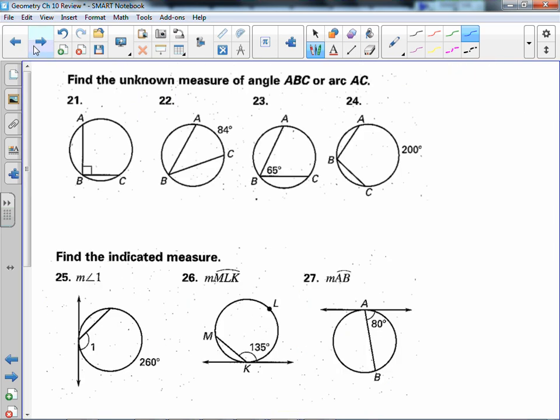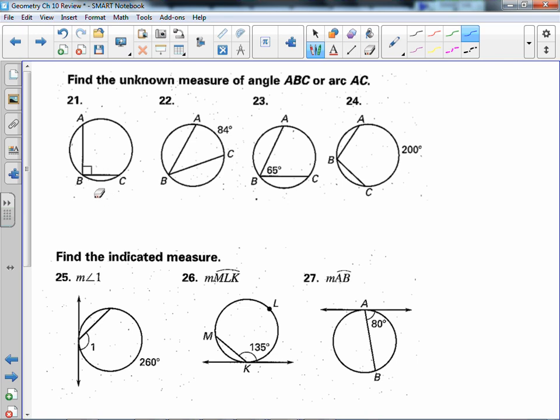All right, so next section, 21 through 24. Find the unknown measure of angle ABC or arc AC. So in this situation, we have an angle whose vertex is on the circle, which makes that an inscribed angle. And the rule when we're dealing with inscribed angles is that the angle is half the measure of the arc it intercepts.